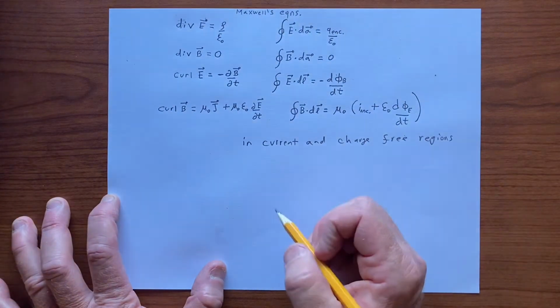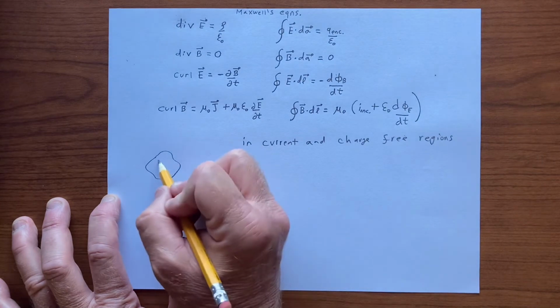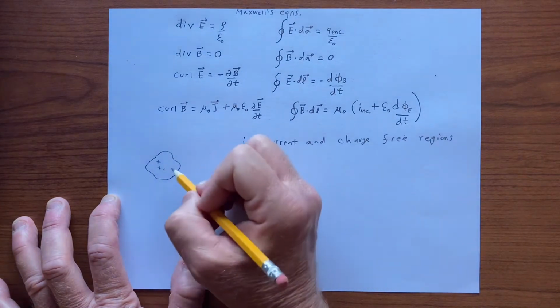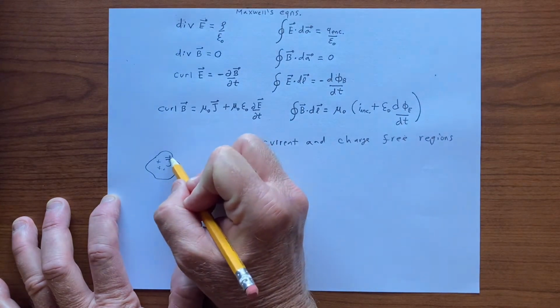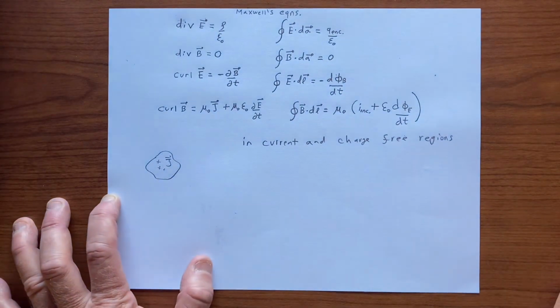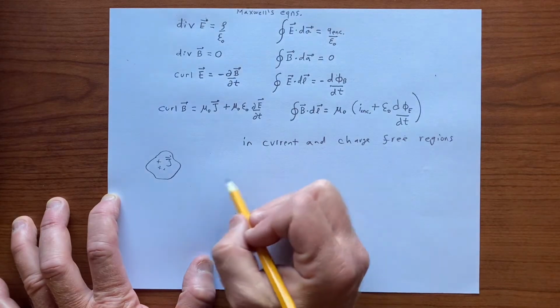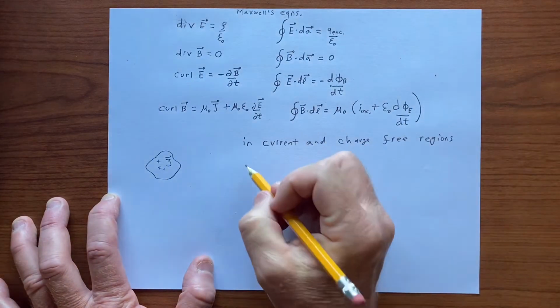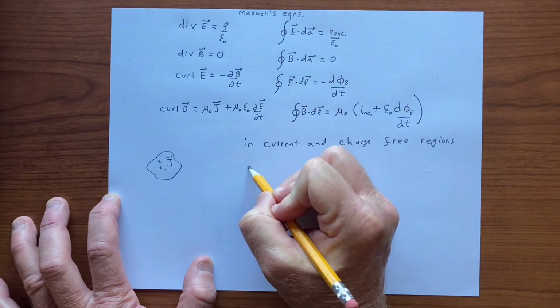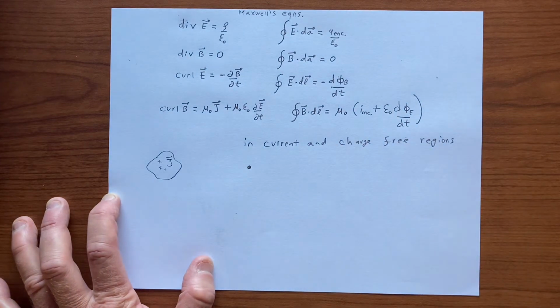So you have some currents and charged particles over here. So you could have some current density, some charged particles sitting around, but not over here. So at that location, what do Maxwell's equations look like?